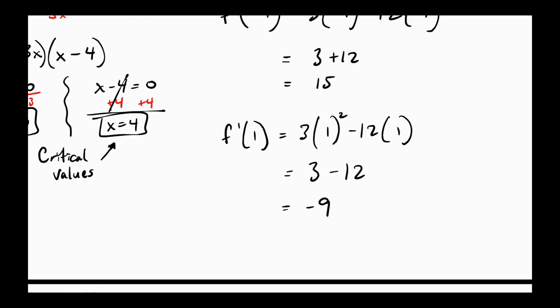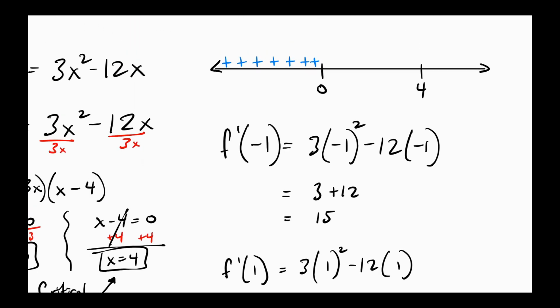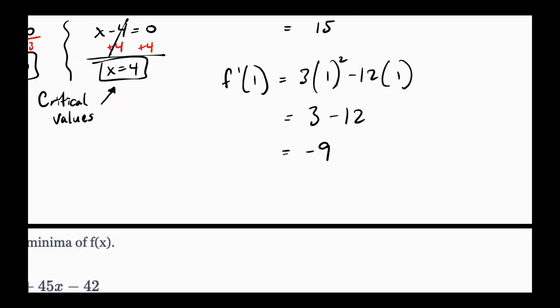Negative. So that means in between, I'm going to get derivatives that are all negative. Bigger than 4, I'll plug in 5. 3 times 5 squared minus 12 times 5.